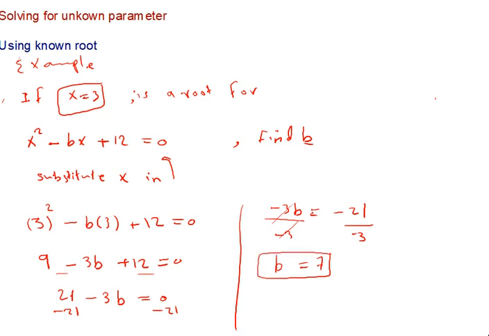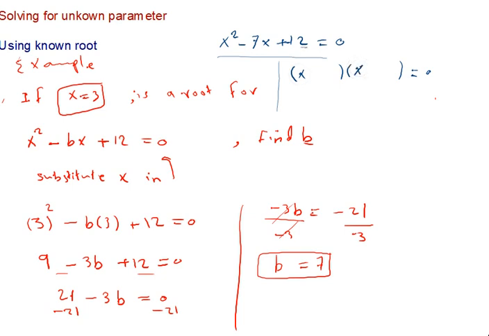So the original equation is x squared minus 7x plus 12 equals 0. If you try to find the other root of the equation, since it's a quadratic equation, let's factorize it into two factors.